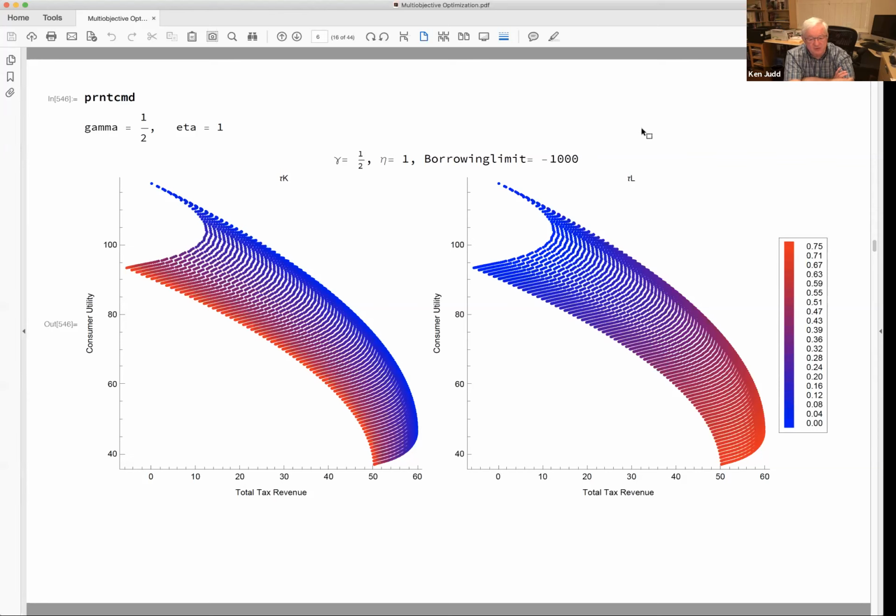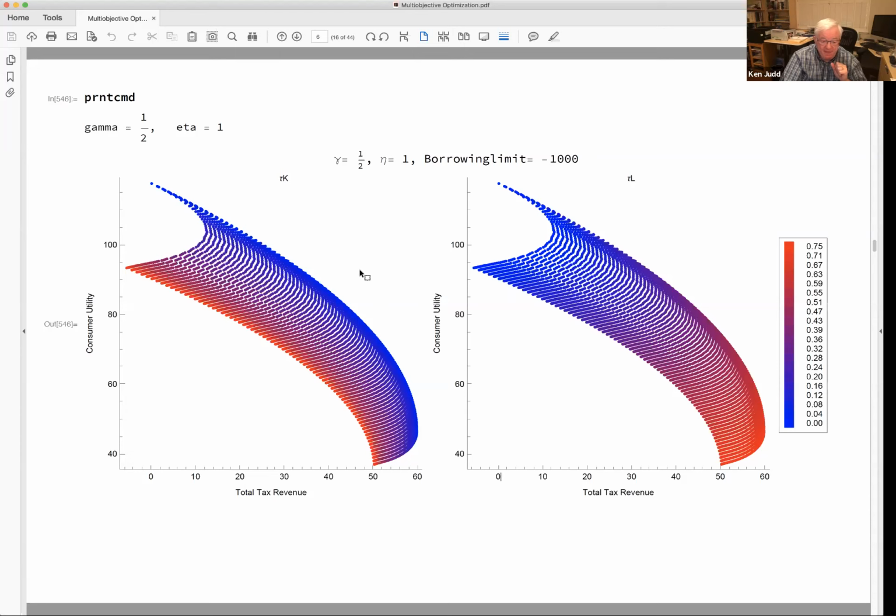And this is a scatter plot of every point, and it has the trade-off between consumer utility and total tax revenue. And then each point here, the color on this side, this graph tells you what the capital income tax rate was at that point. And here it's the labor tax rate.